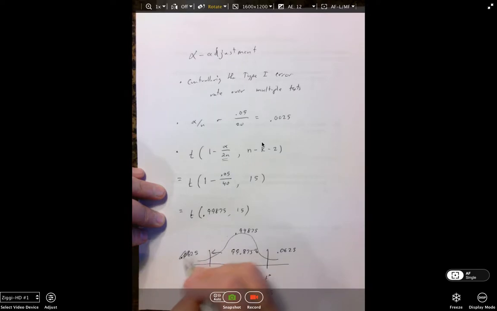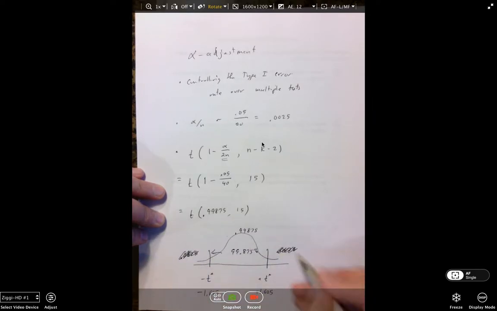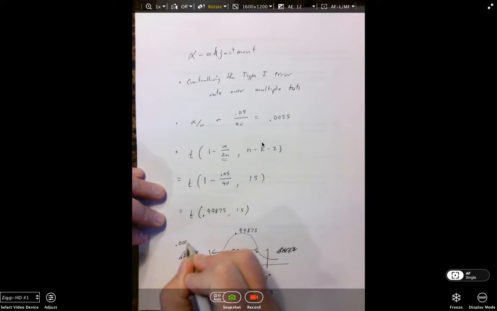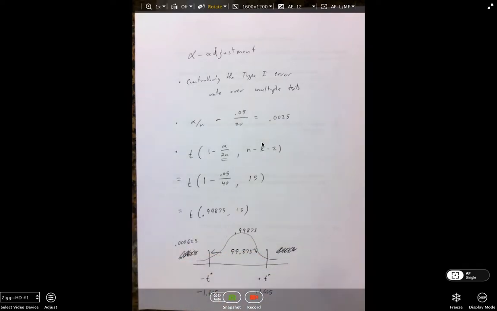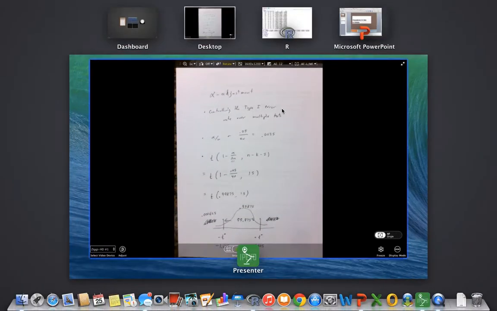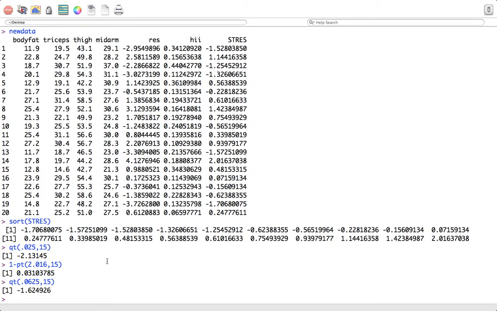I get, wow, that's embarrassing. Oh well. 0.000625 in the left-hand tail. I was going to say that didn't mesh up, did it?